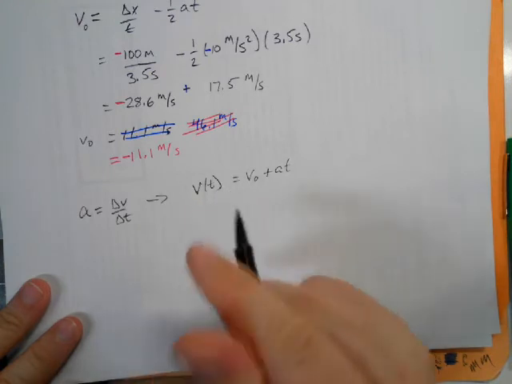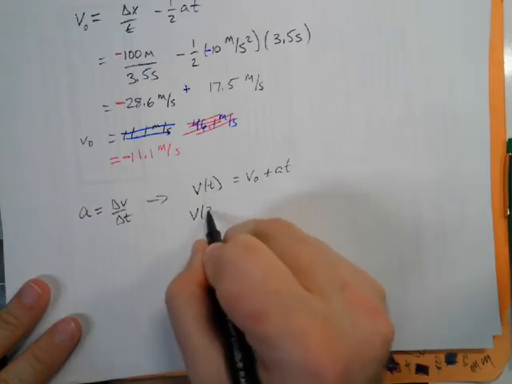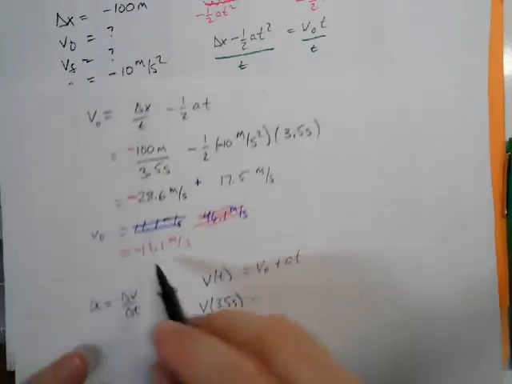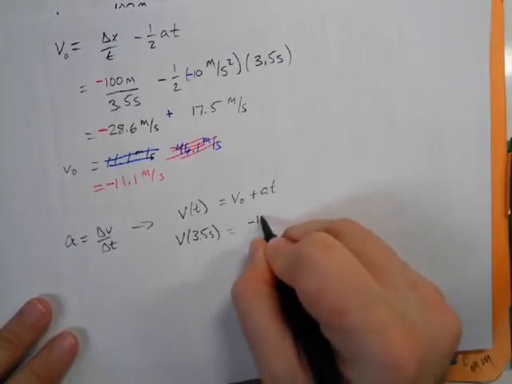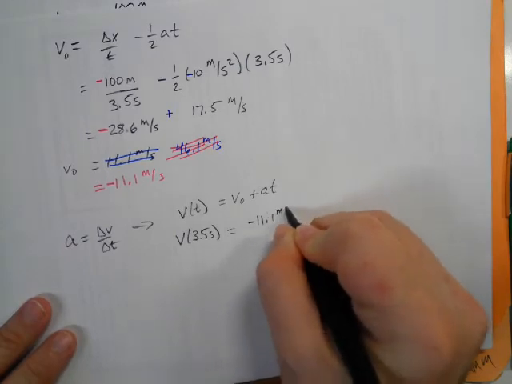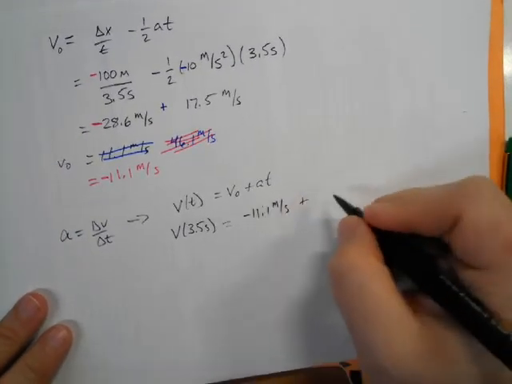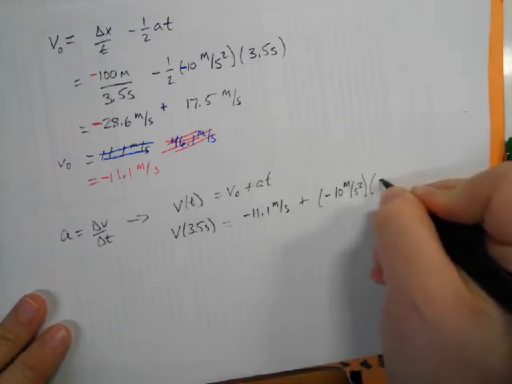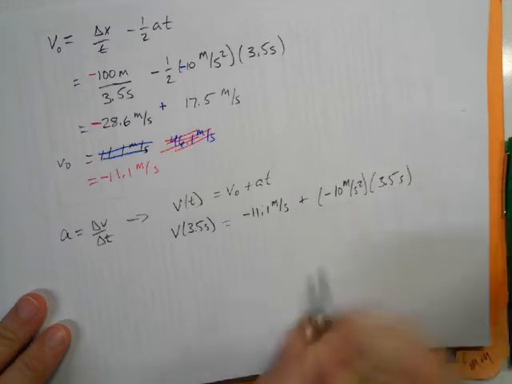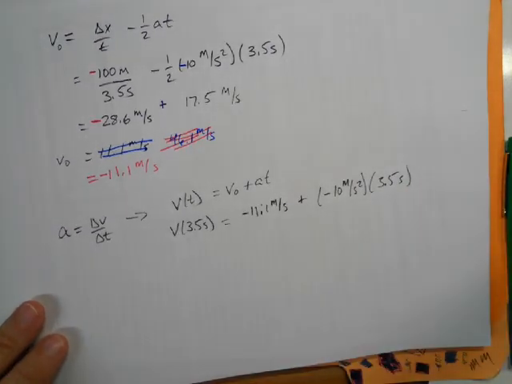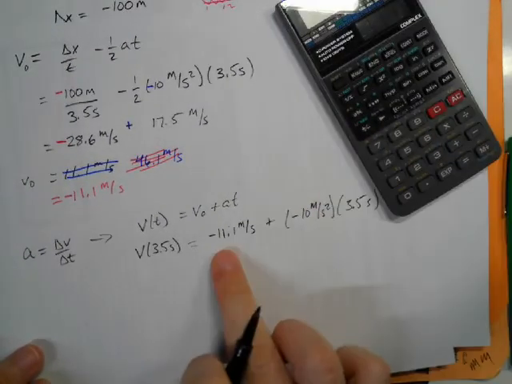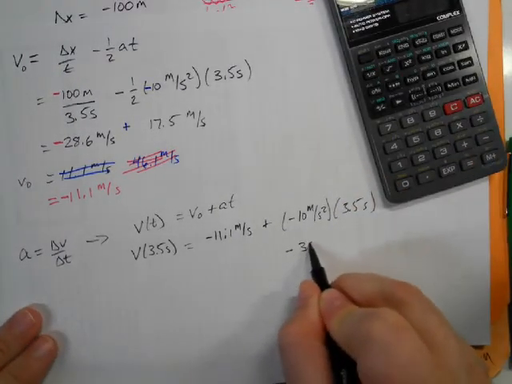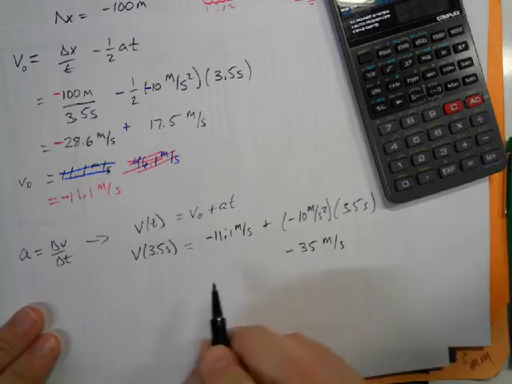So the velocity when it hits the water is, well, the velocity it starts with, which is what we just found, plus the acceleration, which is minus 10 meters per second squared, times 3.5 seconds. Right? And then now we can calculate that out. This part is going to be minus 35 meters per second.